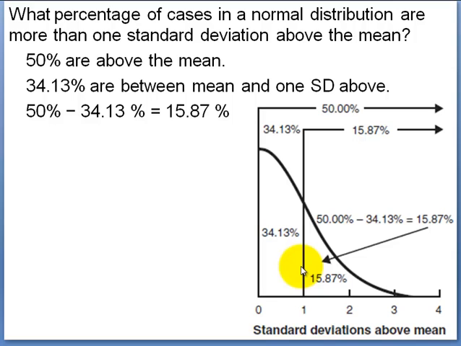So what we need to do is take 50%, the total percentage above the mean, and subtract out the 34.13% to yield 15.87%, and that is the percentage of cases, and indeed the area of the normal curve, that is located more than one standard deviation above the mean.